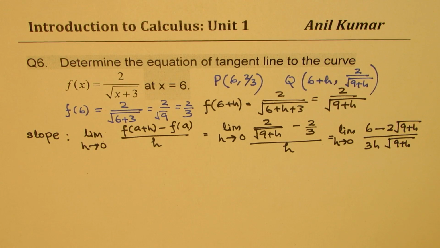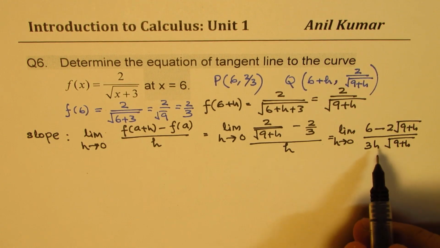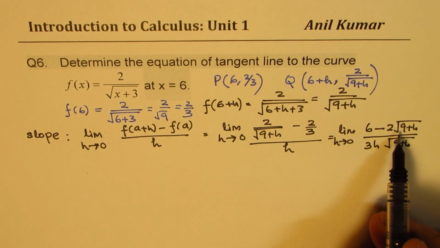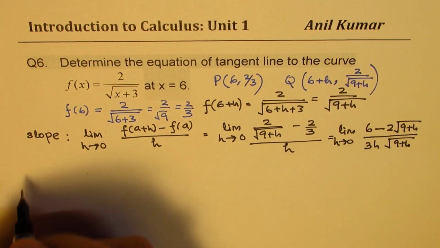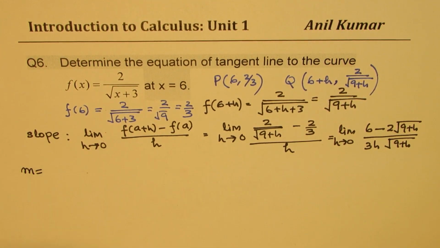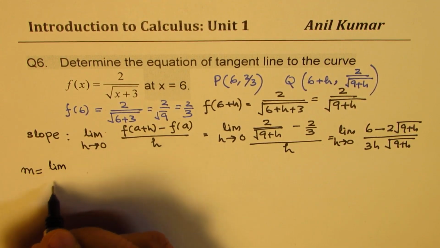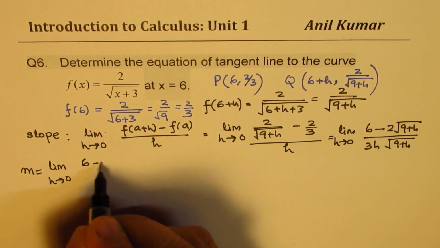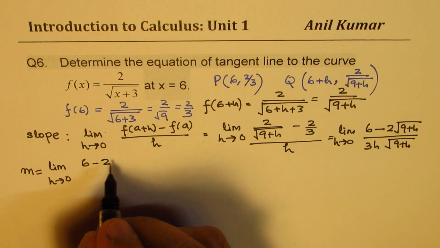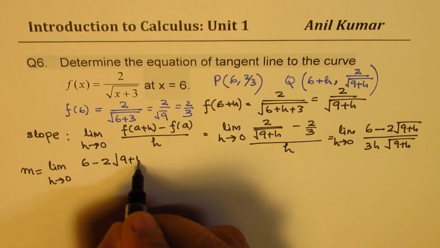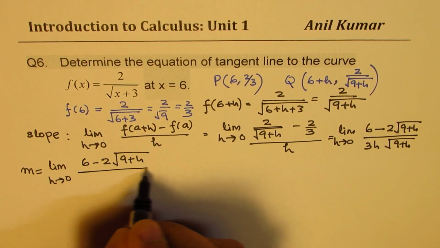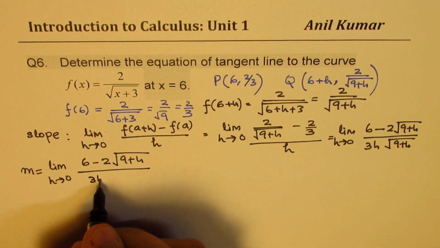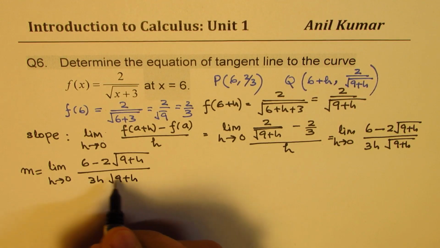Now to solve it further, what do we need to do? We need to rationalize the expression. So we'll rationalize and say slope m is equal to limit h approaches 0 of 6 minus 2 square root of 9 plus h over 3h square root of 9 plus h.